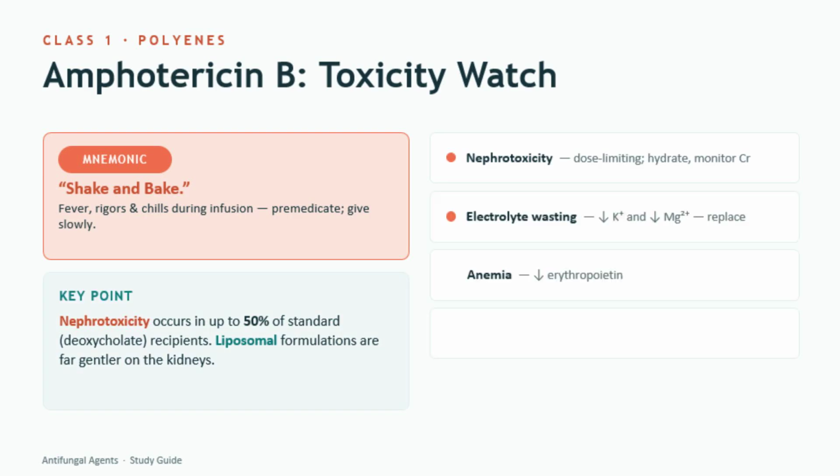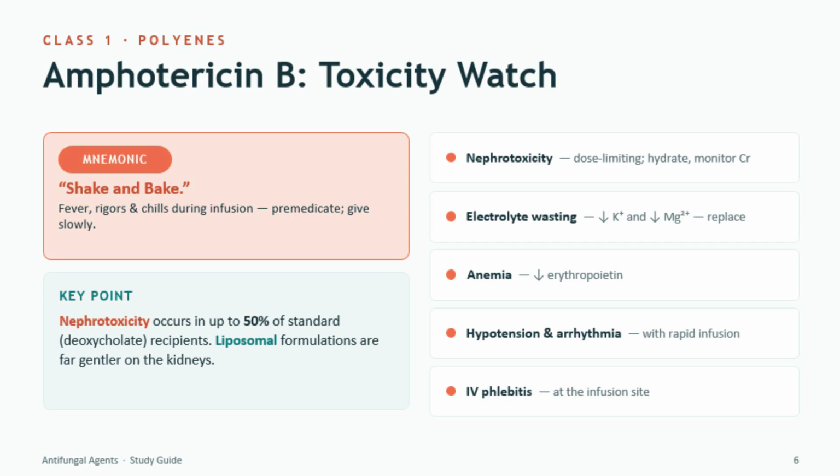Amphotericin B deserves a whole slide on toxicity because this is heavily tested. The dose-limiting problem is nephrotoxicity, so hydrate your patient and monitor creatinine. During the infusion itself you get fever, rigors, and chills. Remember it as "shake and bake," so premedicate and give it slowly.